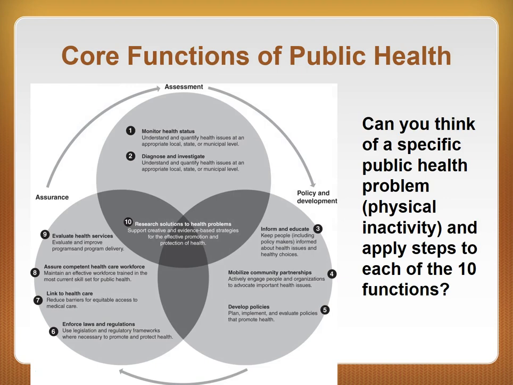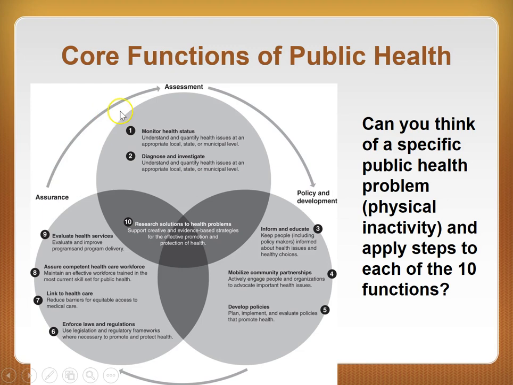In this slide, we will talk about the 10 core functions of public health. Those 10 core functions are listed in the figure as we can see here. Basically, the 10 functions are broken down into 3 parts: the assessment, policy development, and the assurance.